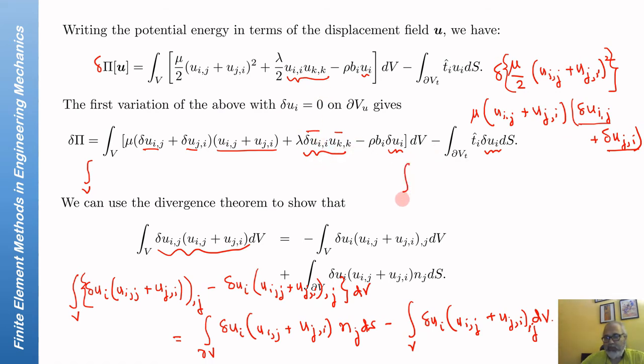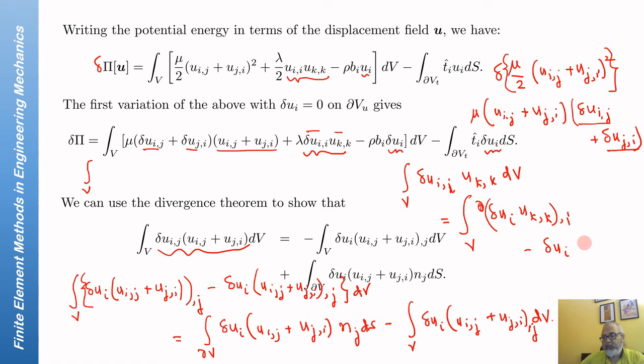So the volume integral of del ui,i uk,k dv, that you can write as, you have derivative with respect to i, so you can write it as del ui uk,k,i minus del ui uk,ki.